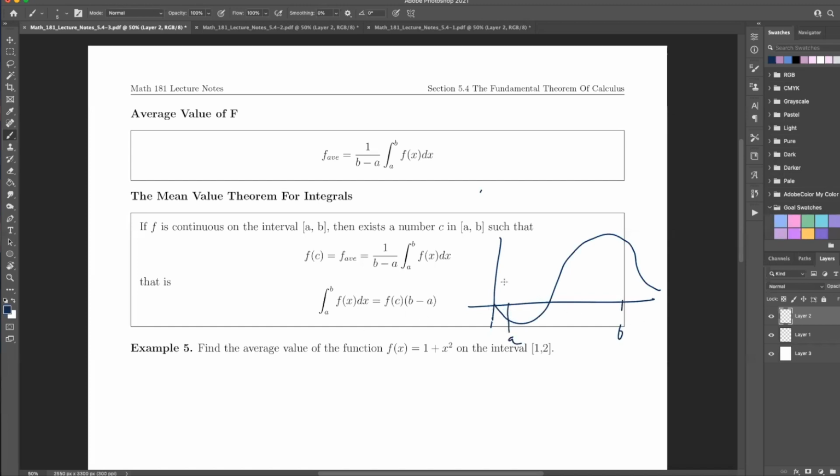If I averaged up all what's in between here, this would be somewhat positive because this would add up negatively, this would add up positively, right? And so I'd say f of ab, whatever the average is, and then here there is some c, which it chooses, f average.